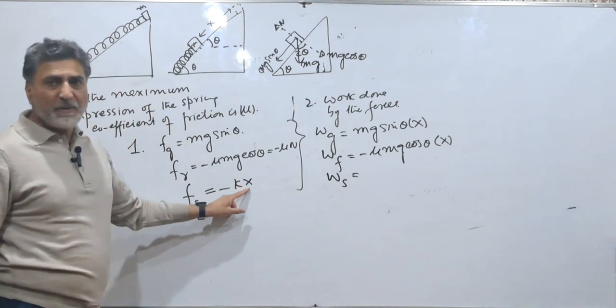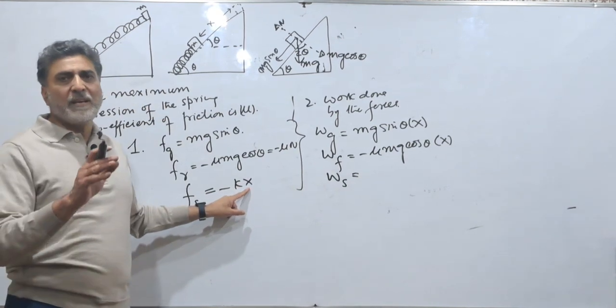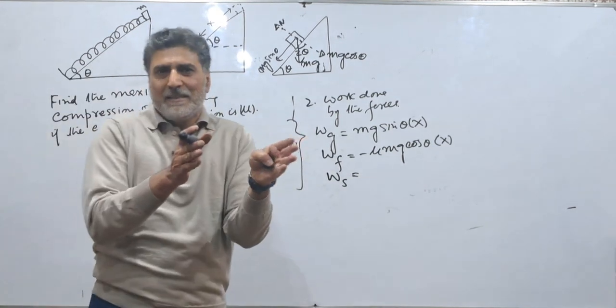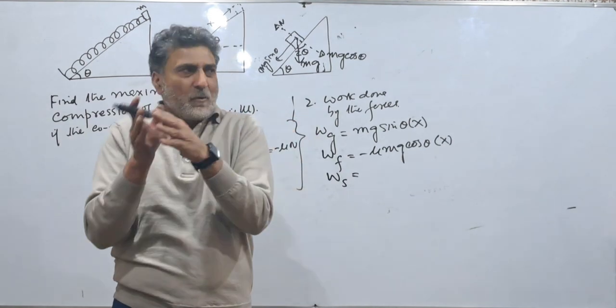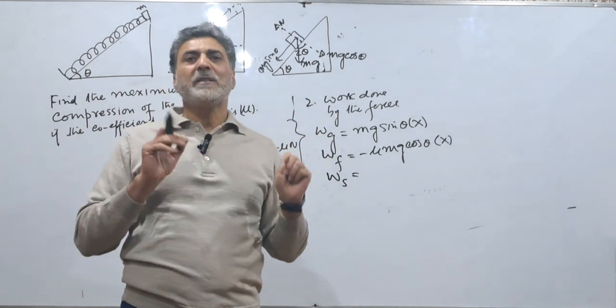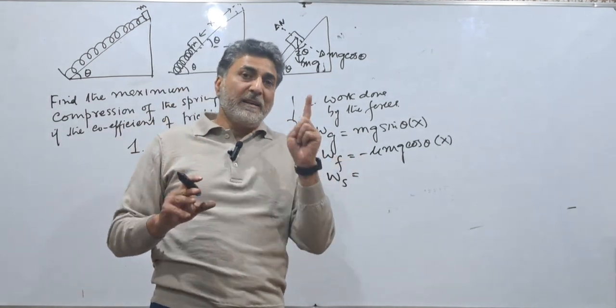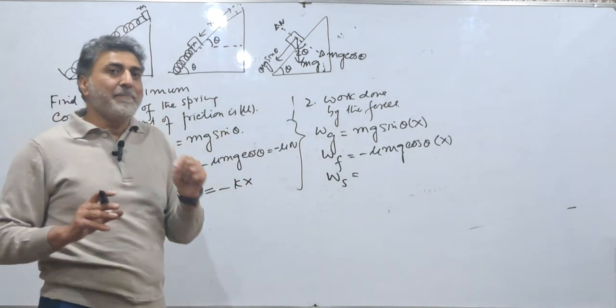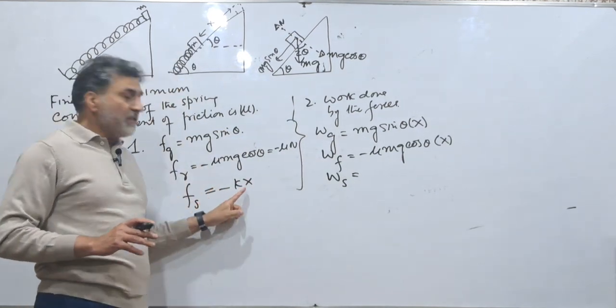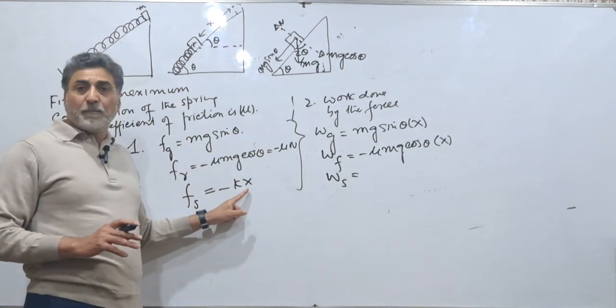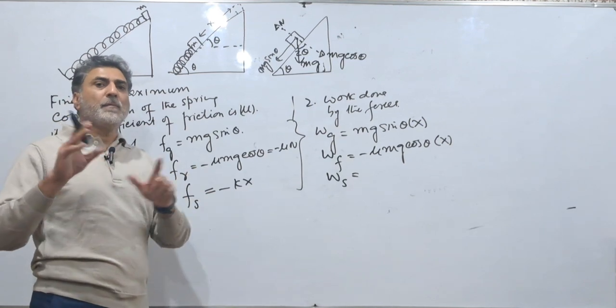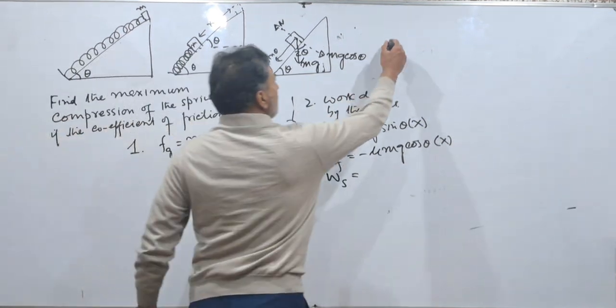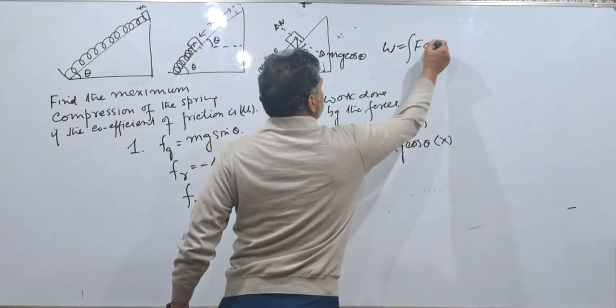So what is the work done by spring force? Because spring force depends upon the position, you can't use the simple formula of force times distance. You have to use the integrated formula for work done, because here the force is variable with position. Whenever force is variable with position, the work done is equal to the integration of F dx.